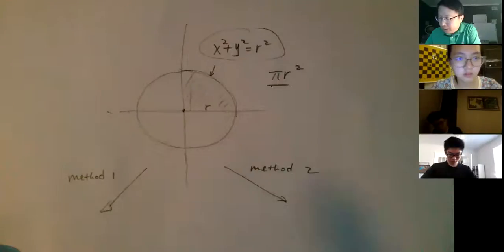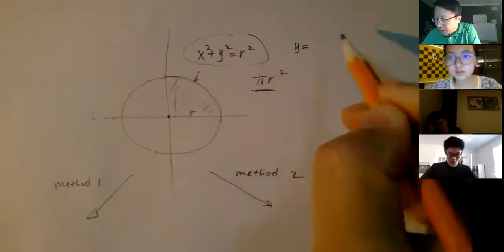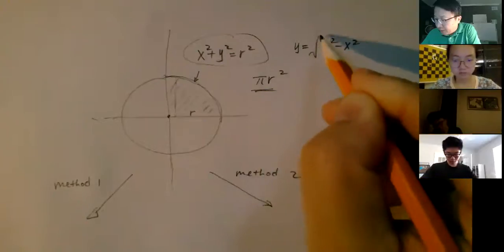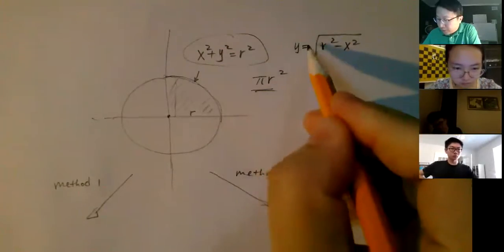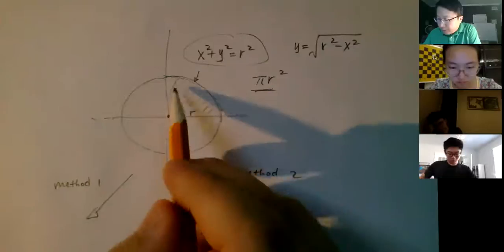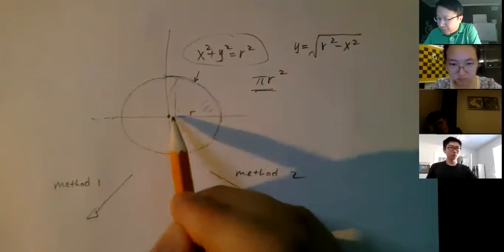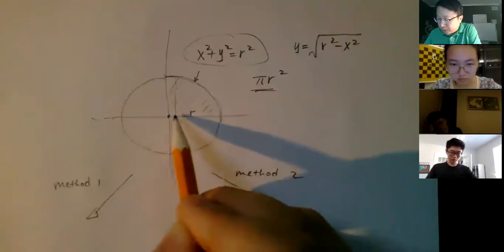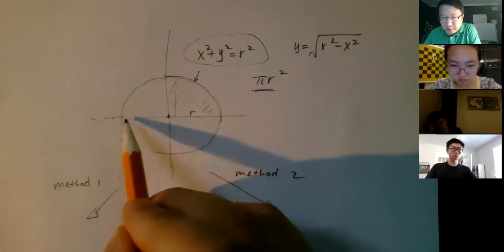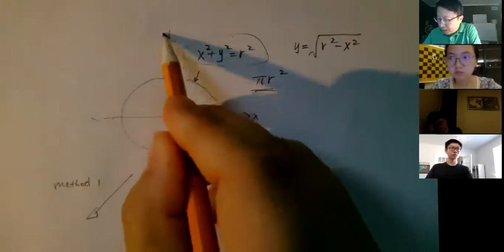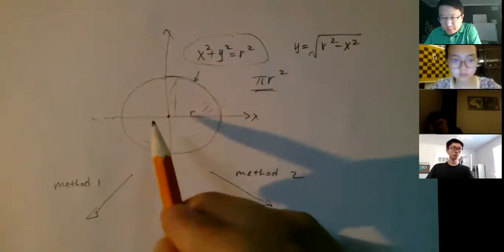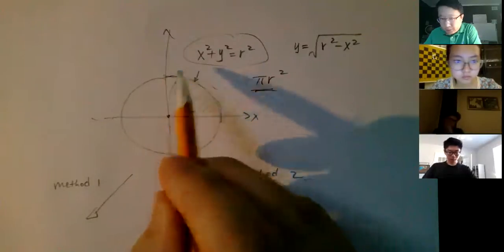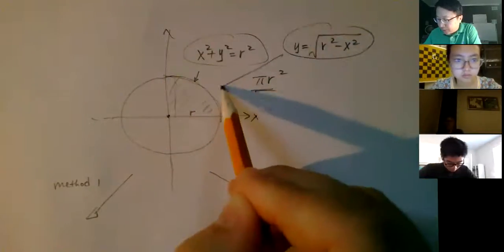So y equals what? y equals the square root of r squared minus x squared. Of course, there's positive and negative, but we only need to solve 1/4 of that, and the rest is times 4. We don't need to deal with x or y negative. We only deal with everything from 0 up. So this is the curve function, correct?